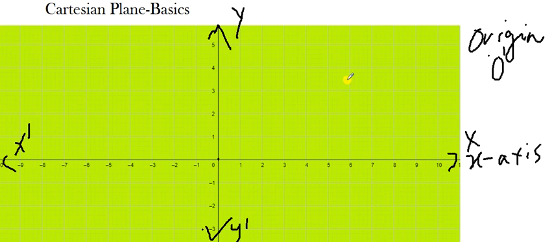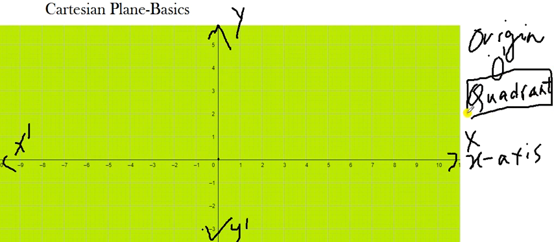So each part is called a quadrant. Remember the word quarter? It's similar to quarter, four parts. Each part is called a quadrant, and there is a numbering system for the quadrants.